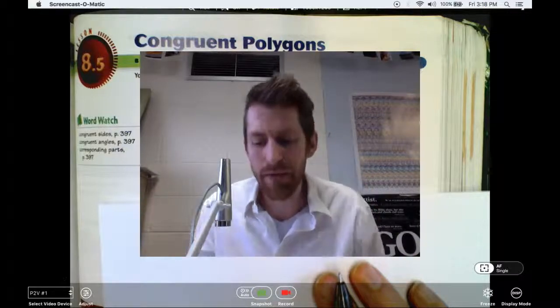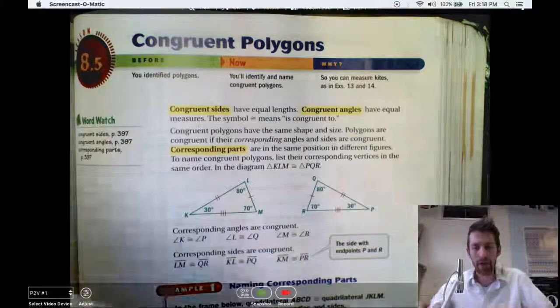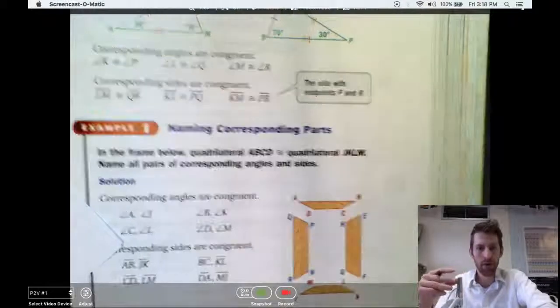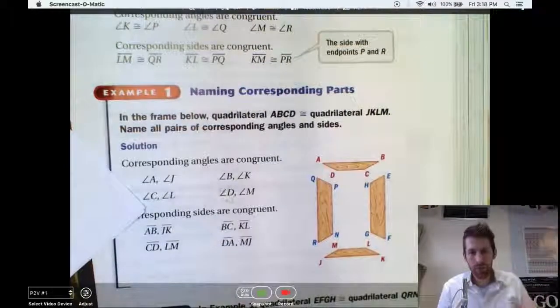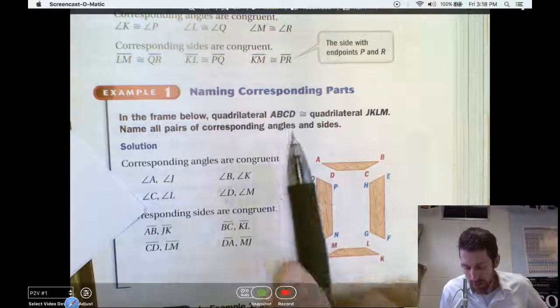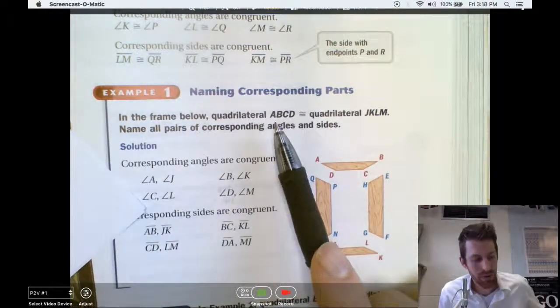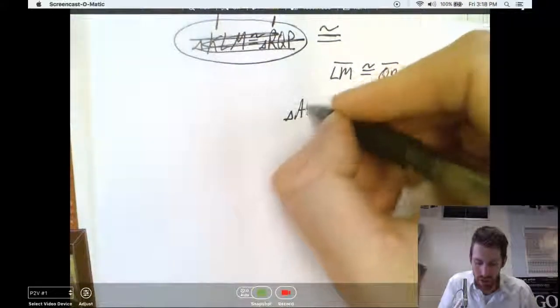So let me give you another example of that. And it'll actually show you right here in example 1. By the way, when you're naming a polygon, if it's a triangle, we use that nifty little triangle symbol. You know, triangle ABC, whatnot.